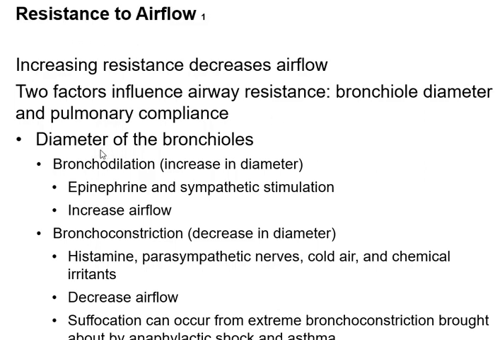But usually they're talking about the diameter of your bronchioles is the resistance. Sometimes they're talking about the fact that your lungs are hardened and you really can't inflate them very well because you've replaced them with scar tissue. Cold air, obviously, it's going to cause you a little resistance to airflow.